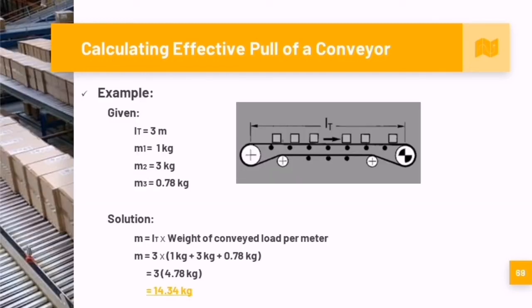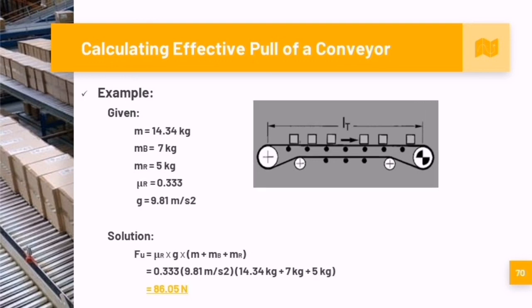For the example, we'll be using the given total load conveyed on the preceding slide. So our total load conveyed would be 14.34 kilograms. Now, to calculate the effective pull of a conveyor, we're given the total mass of 14.34 kilograms, the mass of the belt of 7 kilograms, and the mass of all rolling drums of 5 kilograms.